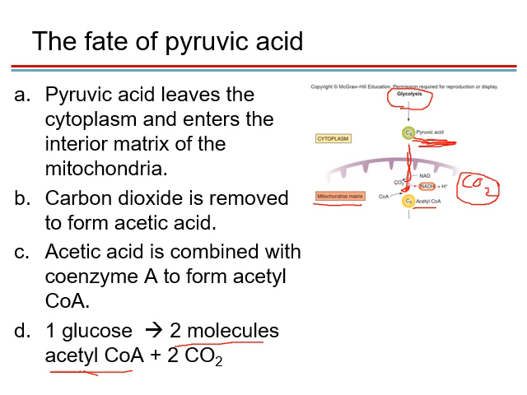This step also reduces one more molecule of NAD per pyruvic acid. For glucose, then, we reduce 2 molecules, because remember, 2 molecules of pyruvic acid are created from each glucose in glycolysis. So we went from a 3-carbon to a 2-carbon, and then we added coenzyme A in this step. And the end of this is acetyl-CoA.